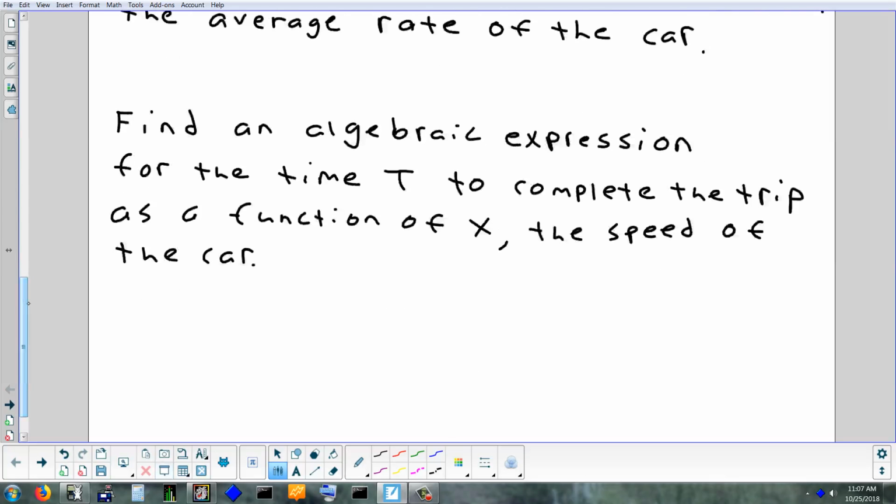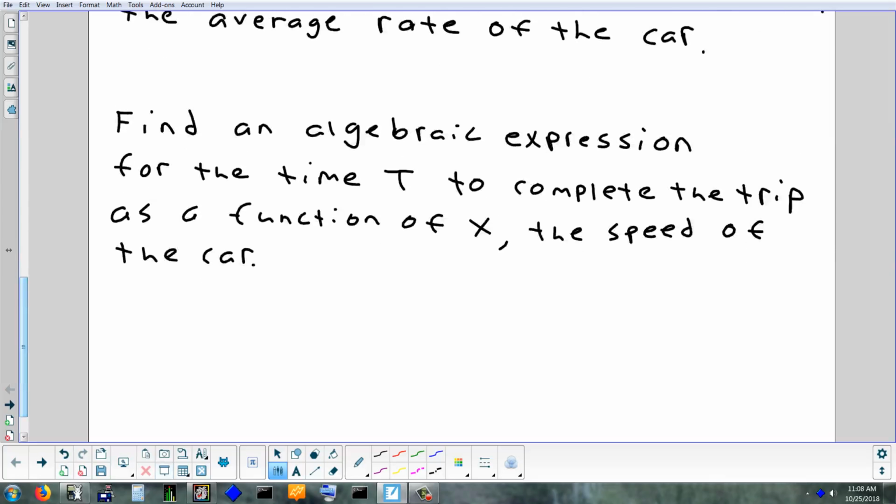So let's figure out the big idea, the concept first, and then we'll figure out variables and use a formula. She's taking two modes of transportation, so she has the time it takes to drive in the car and the time it takes on the train. What would we do with both of those times to get the total time for the trip?